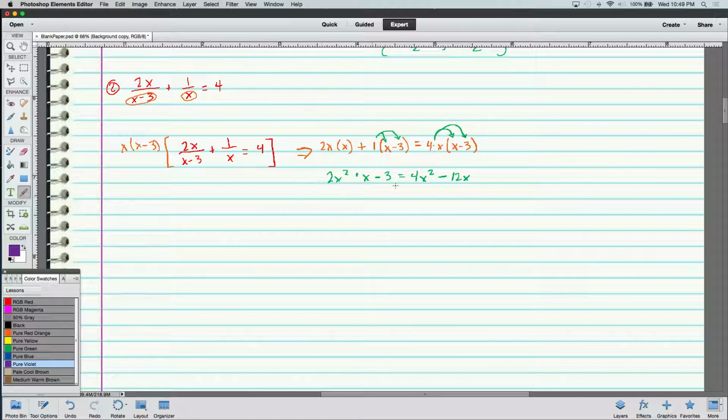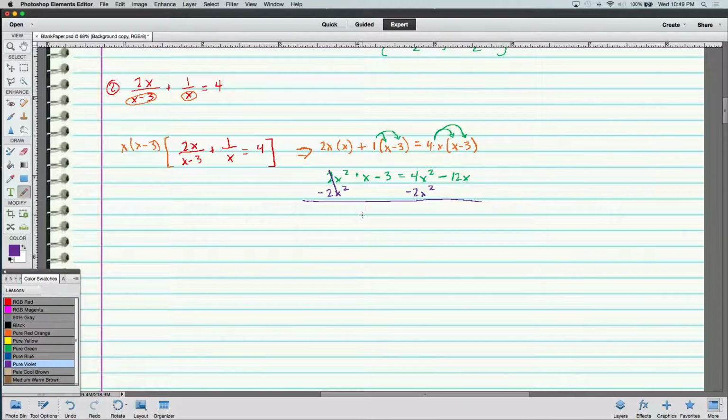So I'm going to want to move all of this over to the other side just so we can have a positive a on this side. So we'll subtract the 2x squared. And like I said, it doesn't matter which way you do it. Just whatever you feel more comfortable with. You can move the right side to the left or the left side to the right.